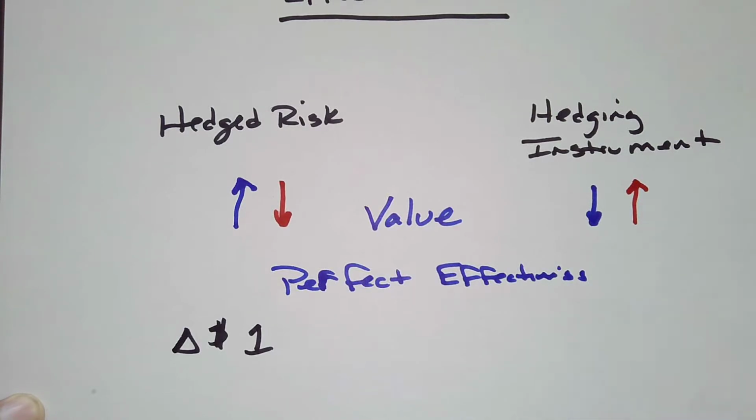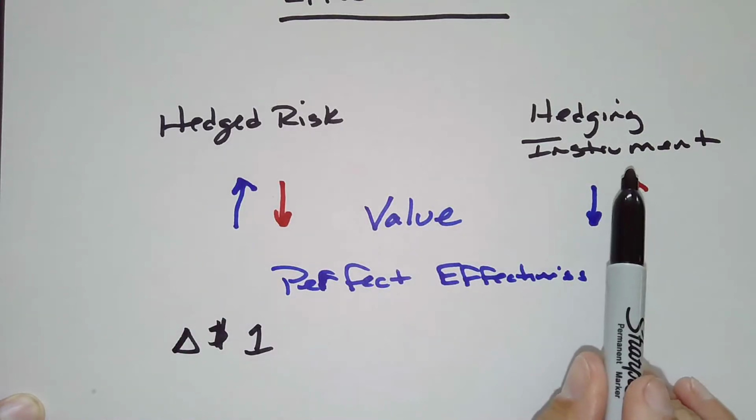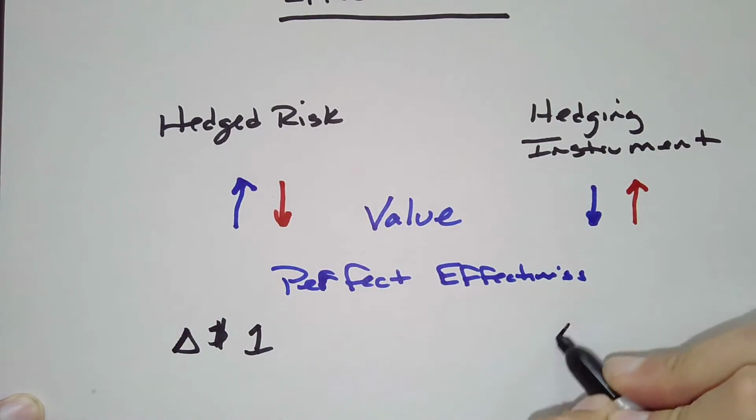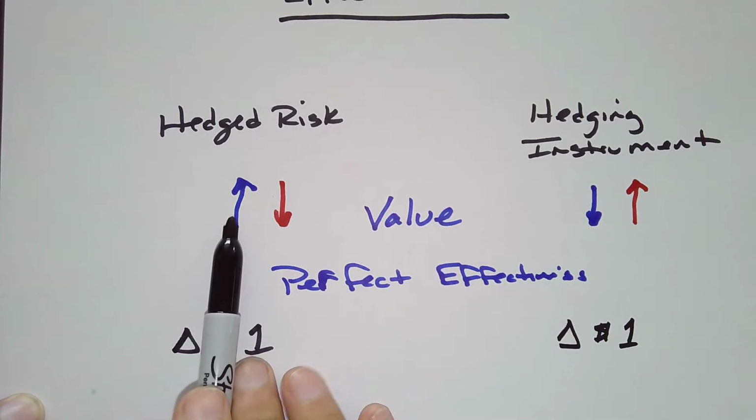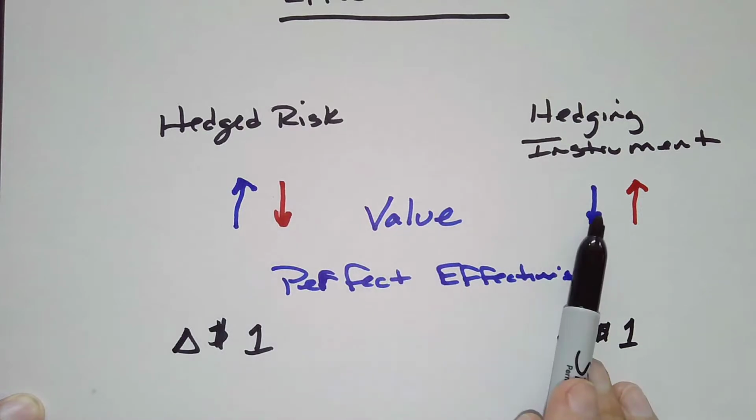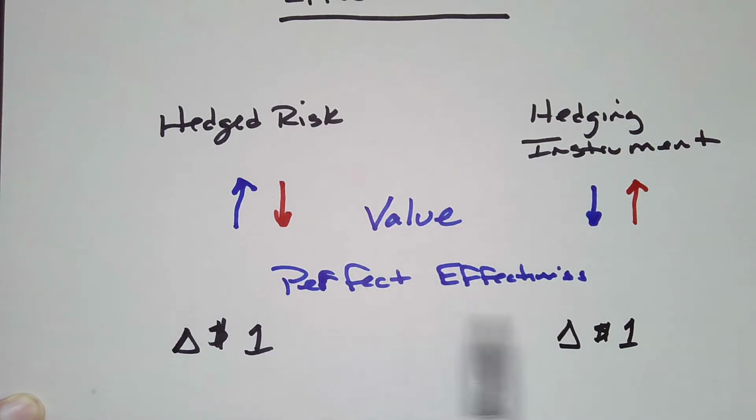If this is perfectly effective, if this goes up $1, then the hedging instrument should also change by $1, going obviously in the opposite direction. That's perfect effectiveness.